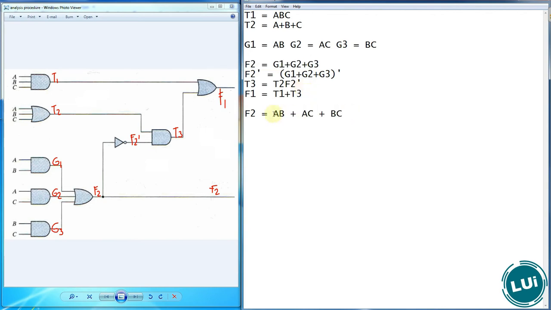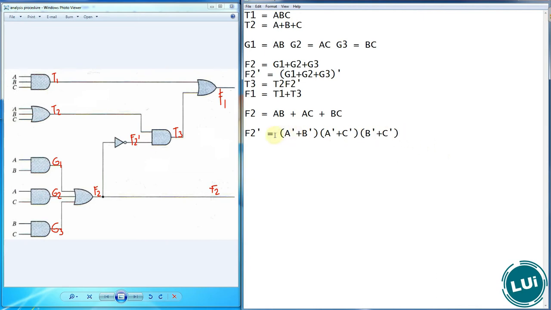So let's derive F2 prime based on these inputs. So F2 prime is equal to A prime or B prime and A prime or C prime and B prime or C prime.